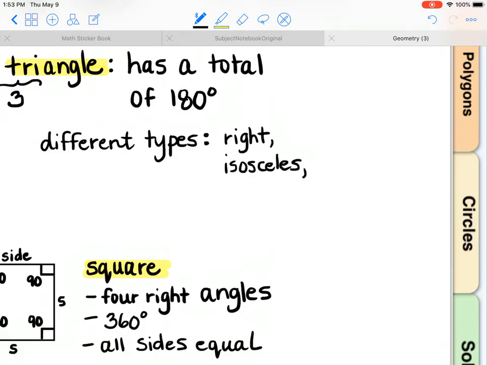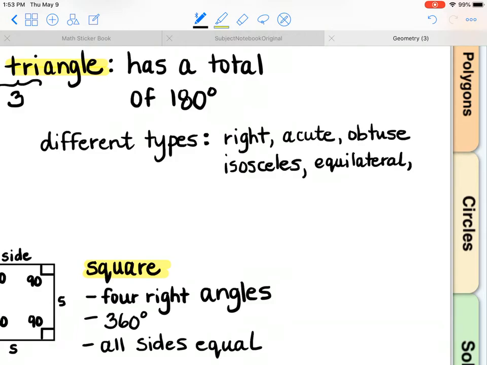Okay. You can also have acute triangles where all the angles are less than 90. And you can have obtuse triangles where you have one of the angles in the triangle that's very large, like 120 degrees would be obtuse. Isosceles means 2 sides are equal. Equilateral means that all sides are equal.